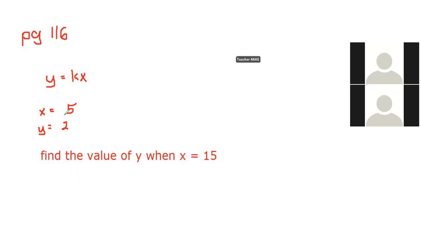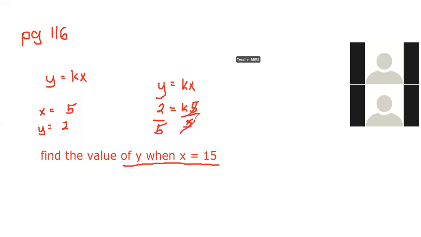So, let us first find k. To solve for y when x becomes 15, we start with our first x and y. Use the formula y is equal to kx. Our first y is 2, and our x is 5. Then, divide both sides by 5.